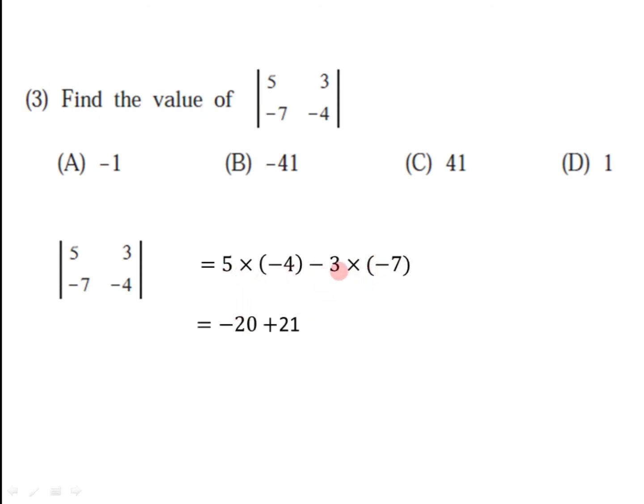And here two negative numbers are there. The product of two negative numbers is always positive. That's why minus 3 into minus 7 gives plus 21. Minus 20 plus 21, that's 1. The value of this determinant is 1, which is given at option D. That's why D is the correct alternative.